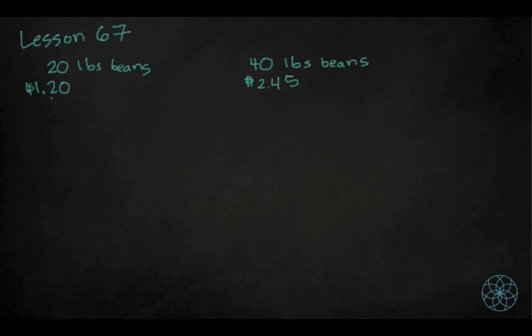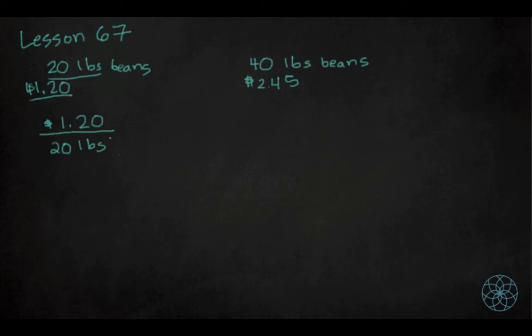Well, as I said in the beginning, let's go ahead and calculate the unit price. So what we'll do is we'll create a ratio, because we have two numbers to compare. We have the number of pounds, and then we also have a price. Now when you're calculating the unit price, you always put the price on top. So it's going to cost $1.20 for 20 pounds of beans.